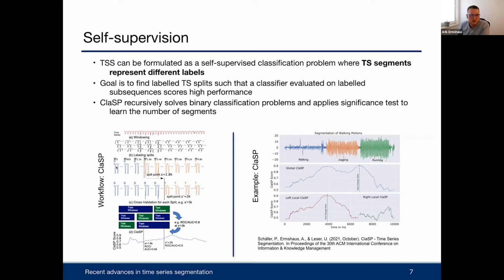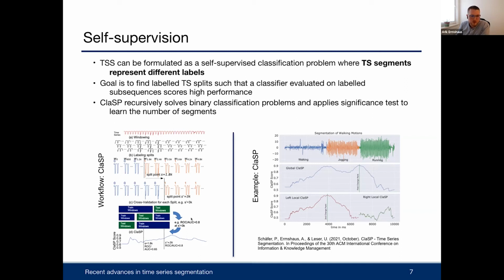You say, okay, the first few subsequences I label with class 0, and the remaining ones with class 1, and you do this iteratively, taking more subsequences into the 0 class and fewer into the 1 class. So you create binary classification problems, because now you have labeled subsequences with which you can train a time series classification algorithm.